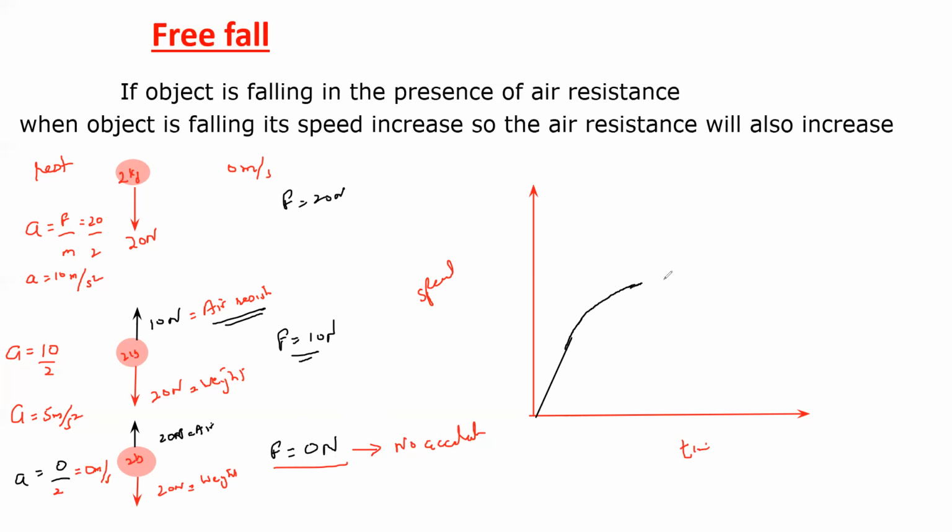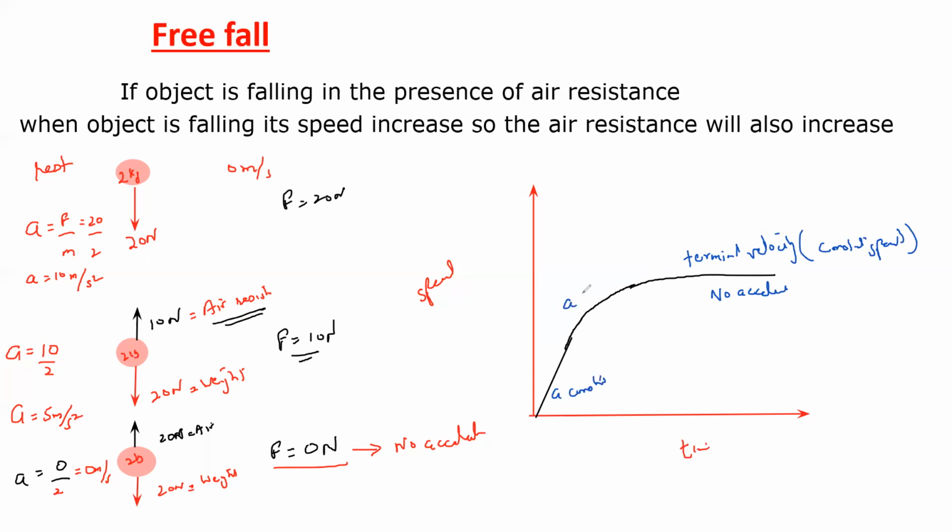The object will move with a constant speed, and this constant speed has a particular name, which is known as the terminal velocity. So terminal velocity means the constant speed when the object is not changing its speed or does not have any acceleration. At this point in the beginning, the acceleration is constant.